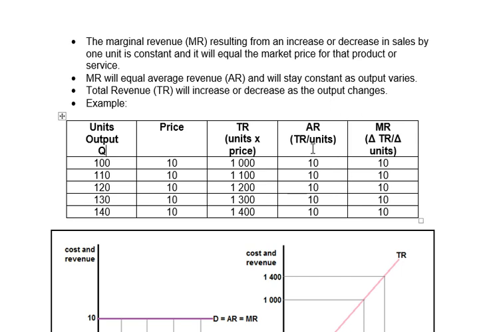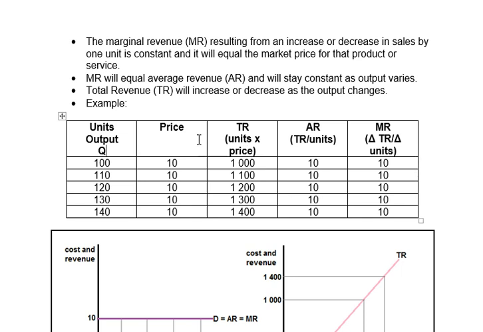If we calculate the average revenue, because we can see the price is constant, we know for all the market structures, average revenue is always equal to the price. So because the price is 10, 10, 10, 10, 10, my average revenue will also be 10, 10, 10, 10, 10. But if you have to calculate it, just to make sure, you're going to take your total revenue divided by the quantity.